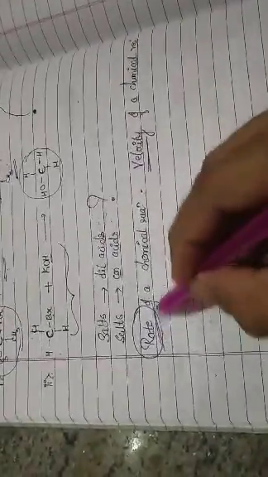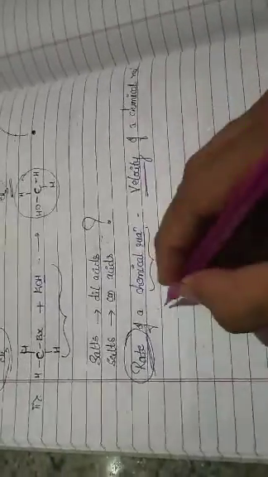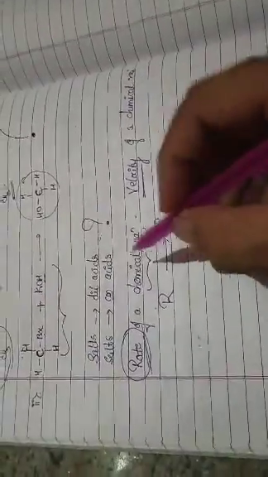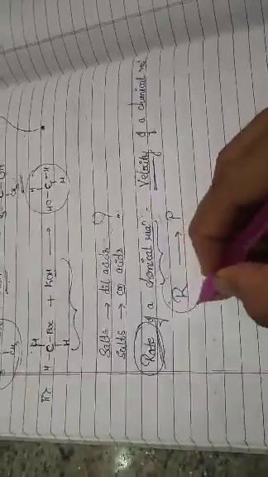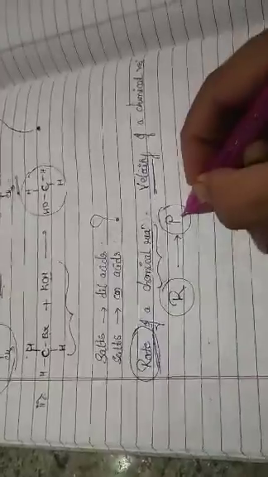So how can we define the rate of a chemical reaction? A chemical reaction means you have a reactant and a product, so we define the rate with respect to both.